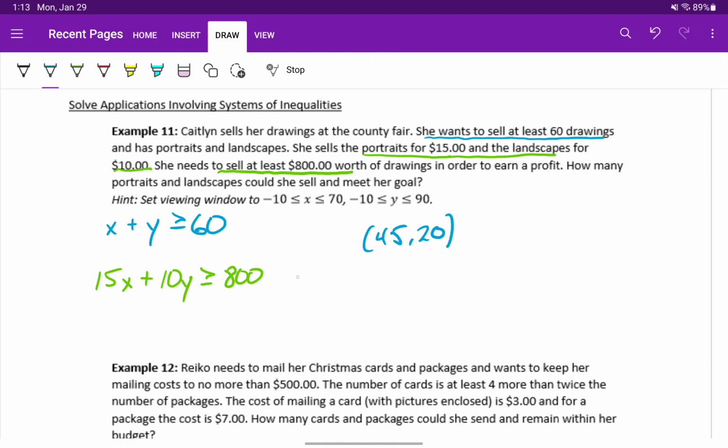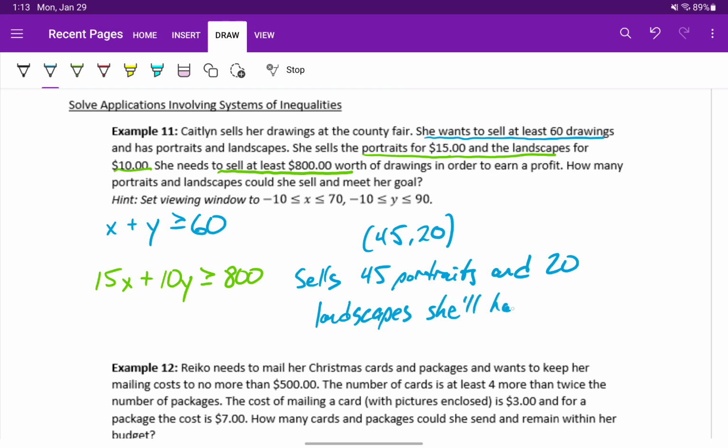And what this means is that if she sells 45 portraits and 20 landscapes, she'll have met her goal. There are other ways she could meet that goal, but this is one way: by selling 45 portraits and 20 landscapes, she would sell at least 60 drawings and have earned enough to turn a profit.